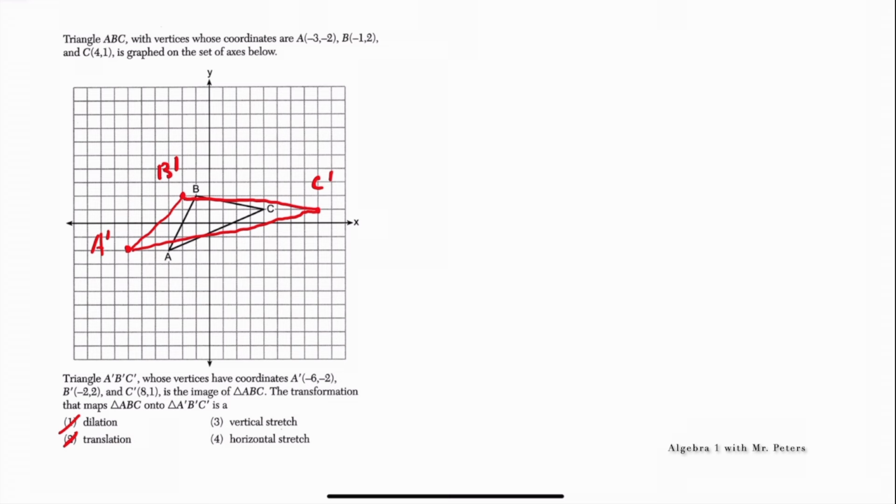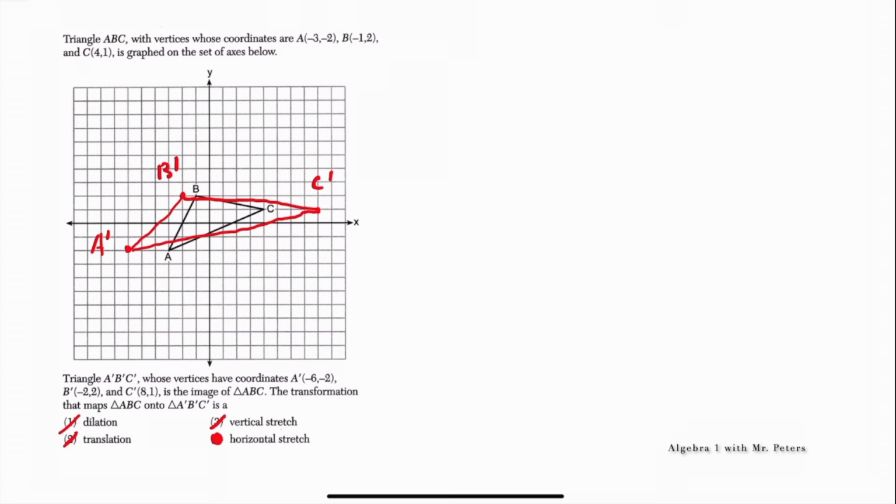Now, when we get to vertical and horizontal stretch, this is where it becomes interesting. A vertical stretch means that there was some type of change to the y values. And when we look at this, there was no change to the y values. So it cannot be this either. But when we look at horizontal stretch, we can see that there's a relationship.